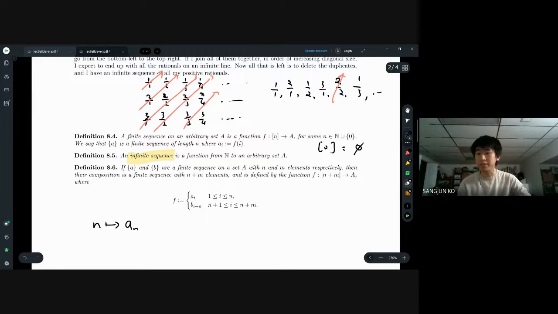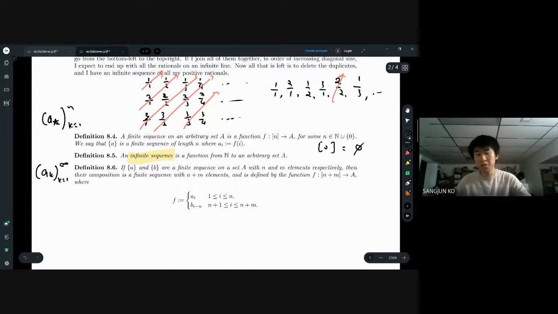Next definition: if you have two finite sequences on a set A. Oh, I don't like this notation. I'm going to write a sub k, from k equals 1 through n, or if it's infinite, a sub k, k equals 1 through infinity.